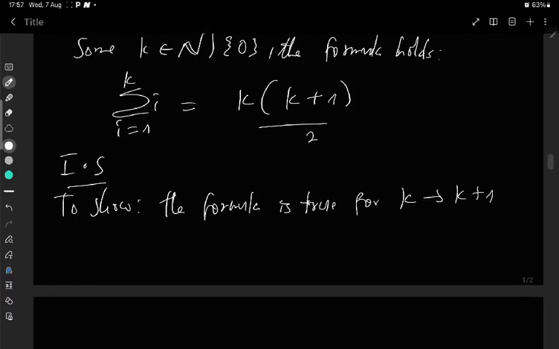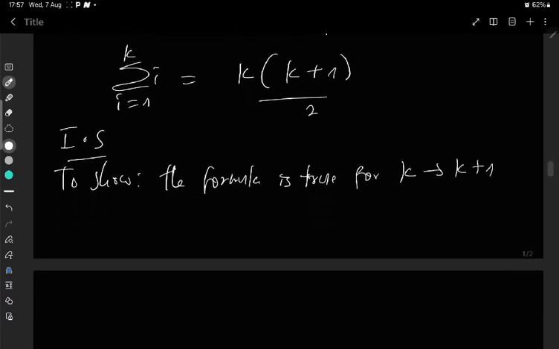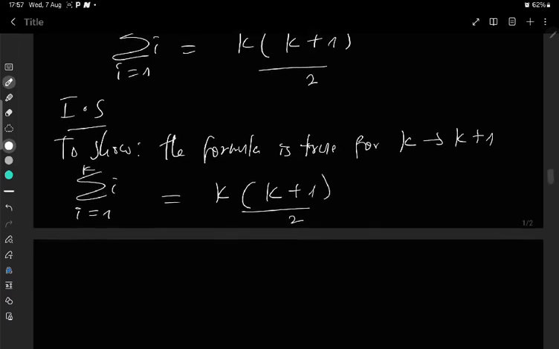That is what we want to show. Remember that our sum of i, when i begins from 1 to k, is k(k plus 1) all over 2. So now when k is k plus 1, anywhere you see k, you replace it with k plus 1.